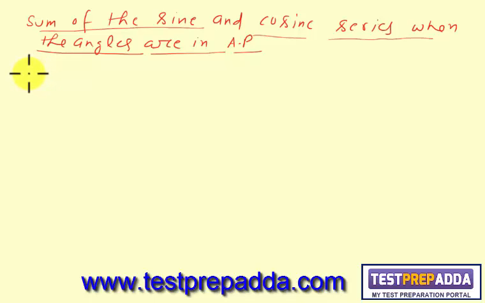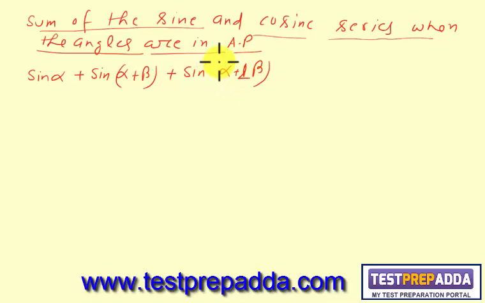If I write here sine alpha plus sine alpha plus beta plus sine alpha plus 2 beta plus so on, how many terms we select here? N terms.